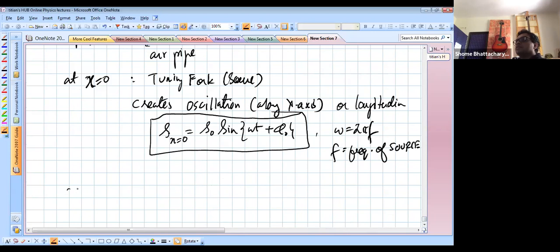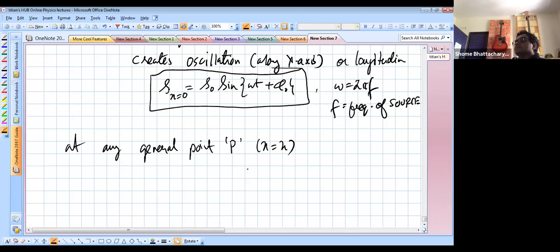So at any general point P, let's say, where x is equal to x, the disturbance reaches after a delay. Because from x equal to 0 to x equal to x, the disturbance is starting here at t equal to 0.